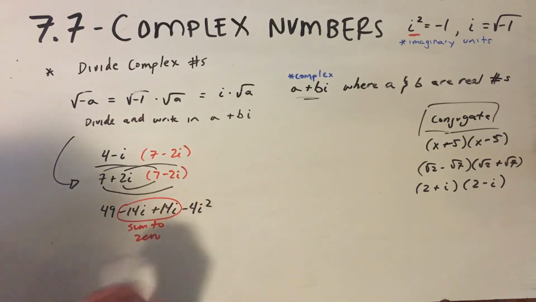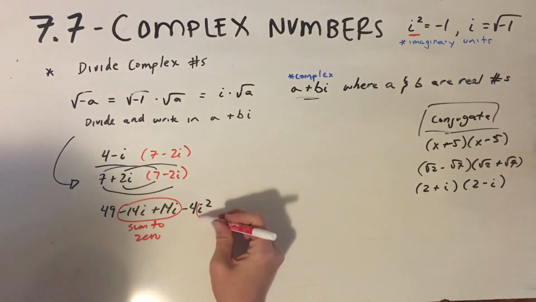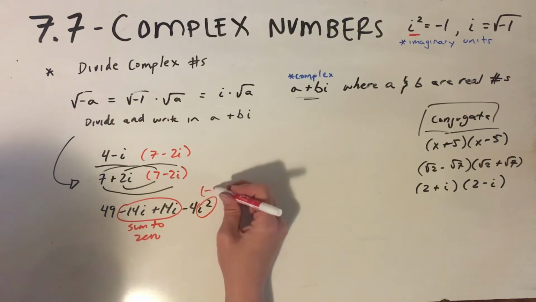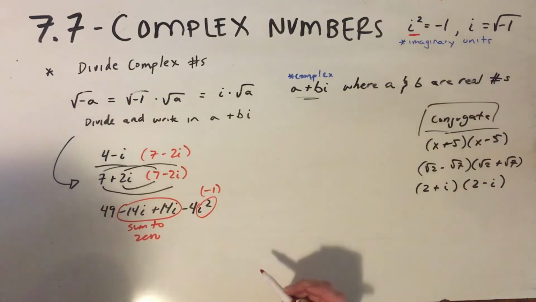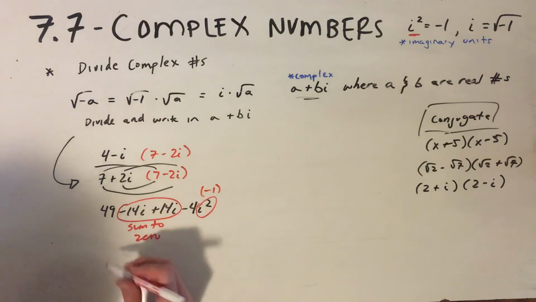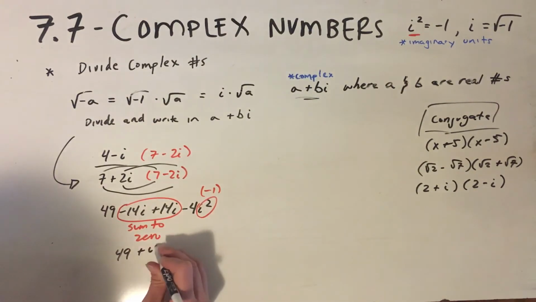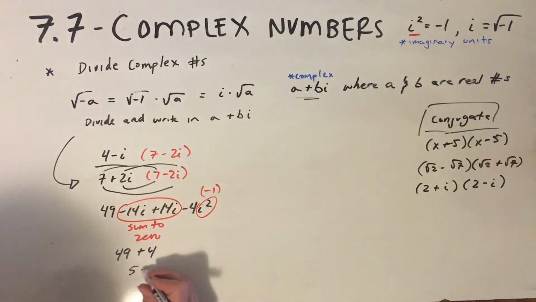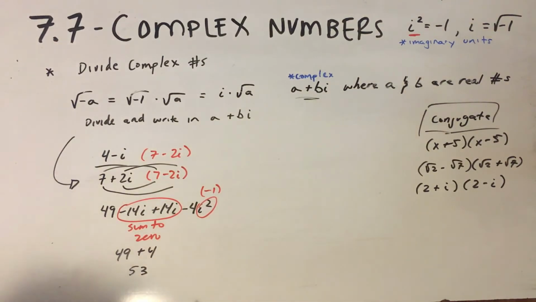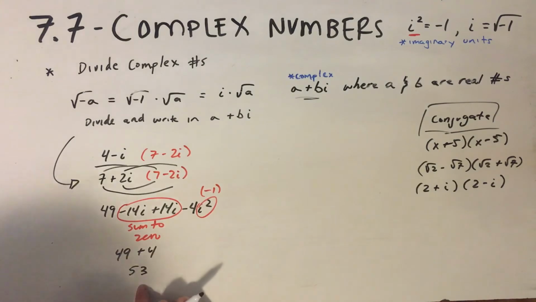That is why we use the conjugate. This i squared here is going to be replaced with -1 because the value of i squared is -1. So I will get 49 plus 4, which would give me a 53 on the bottom. So this is what's in the denominator, 53.